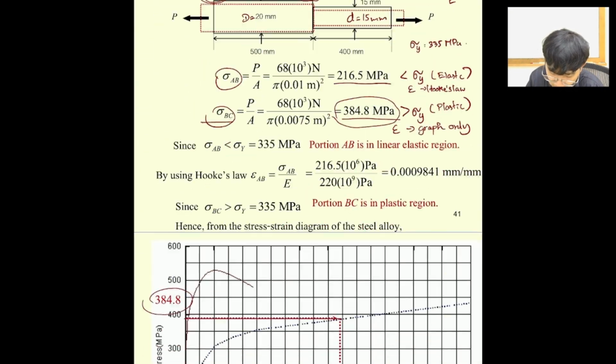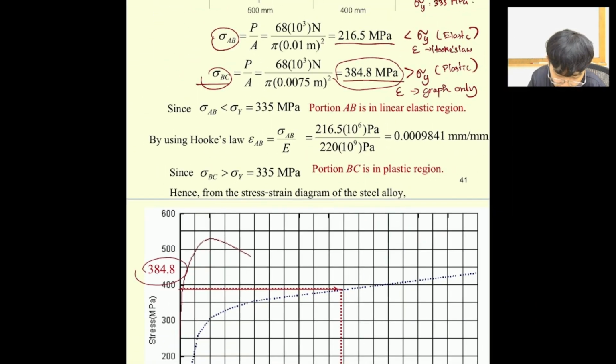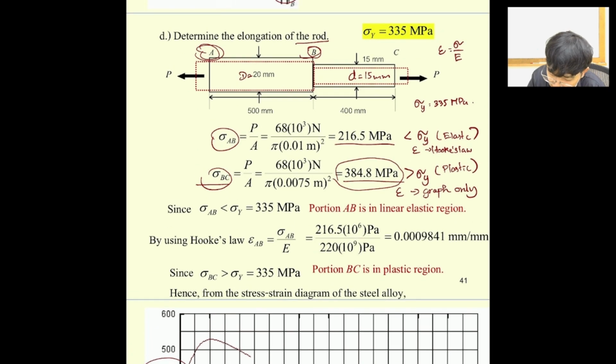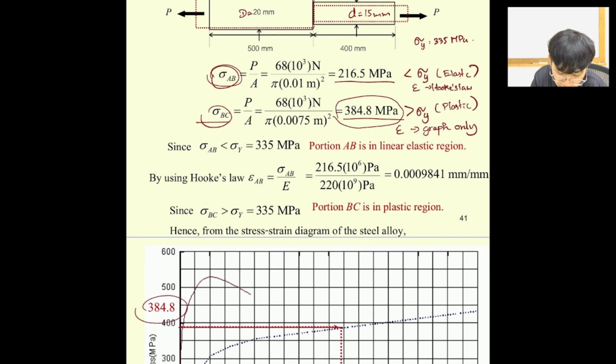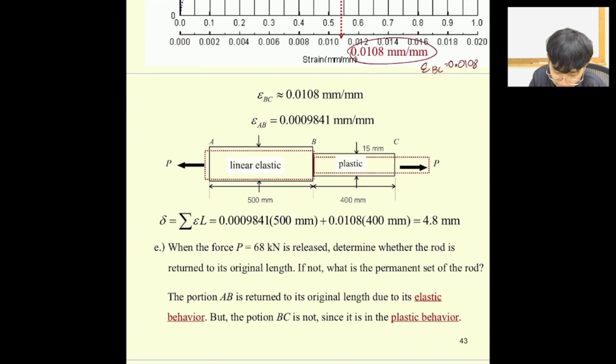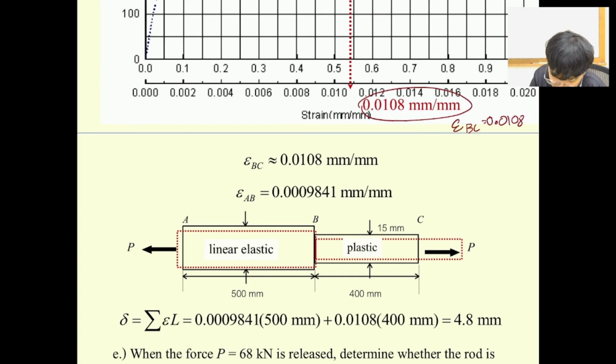Okay, so I just put it here, but for the rod that's in elastic zone, you can just use Hooke's law directly, a really small deformation. And then we can conclude that this is from graph, plastic, and this one from Hooke's law, elastic.